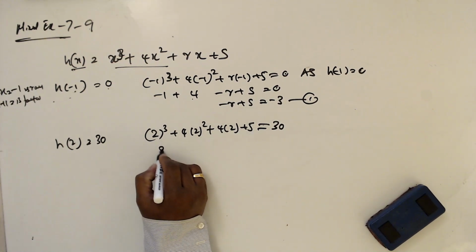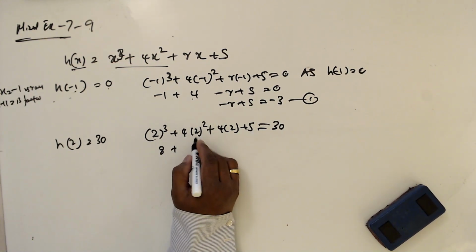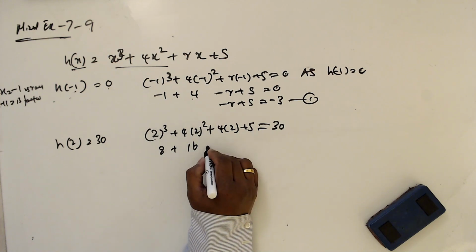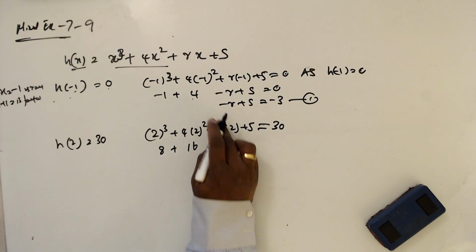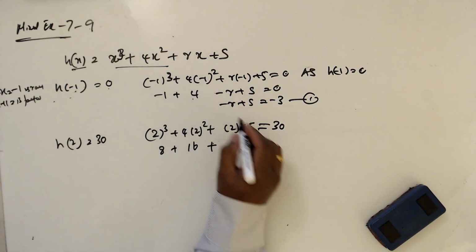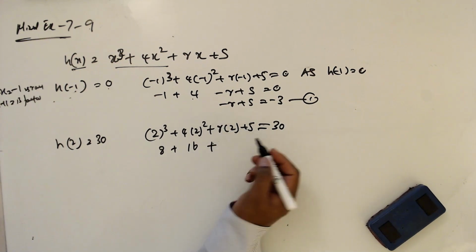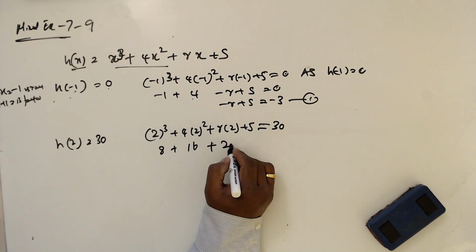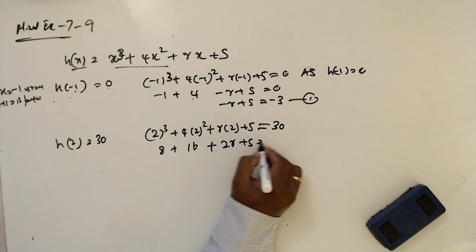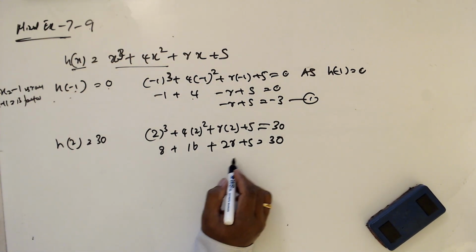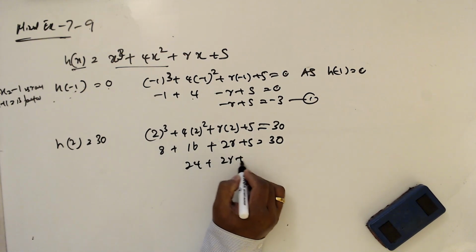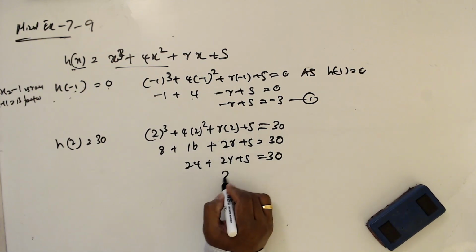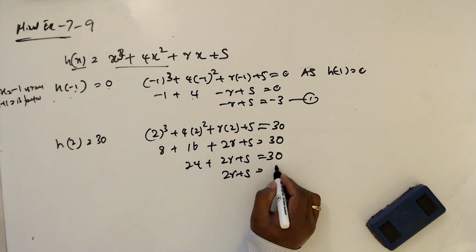So this is 8, 2 squared is 4, times 4 is 16, plus this is not 4x, this is rx, and this is s. 2r plus s equals 30. This is going to be 24 plus 2r plus s equals 30, so 2r plus s equals 6.